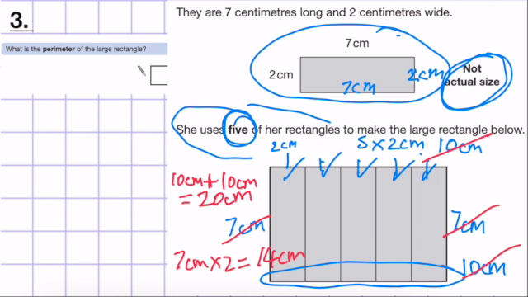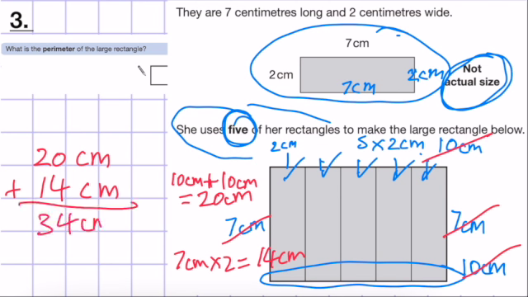So we need to add 20 centimetres, add 14 centimetres, and that is 34 centimetres. So the perimeter of this large rectangle made up of the 5 smaller ones is 34 centimetres.